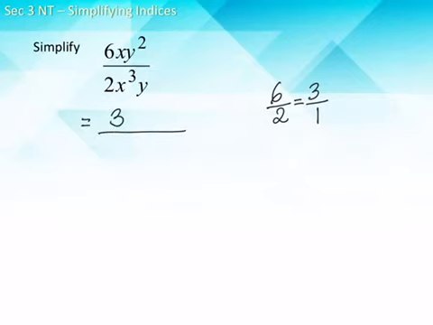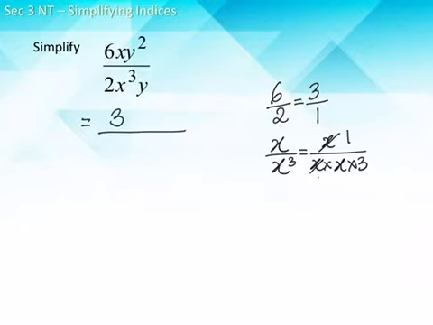Next, let us take a look at the next alphabet, which is x over x cubed. X over x cubed is actually x over x times x times x. So what we'll do, we'll cancel out one pair of x and we are left with x times x itself.